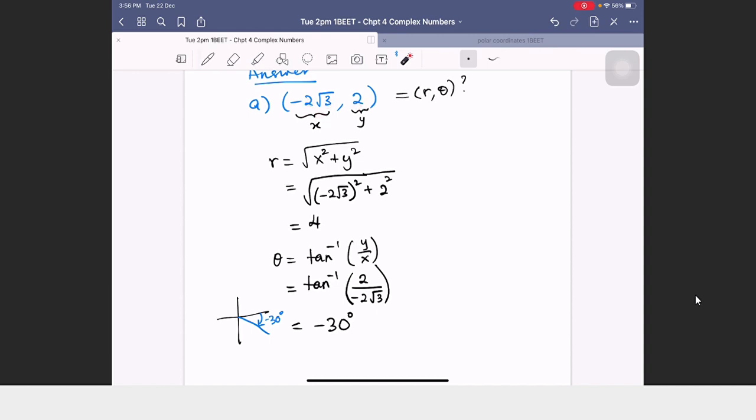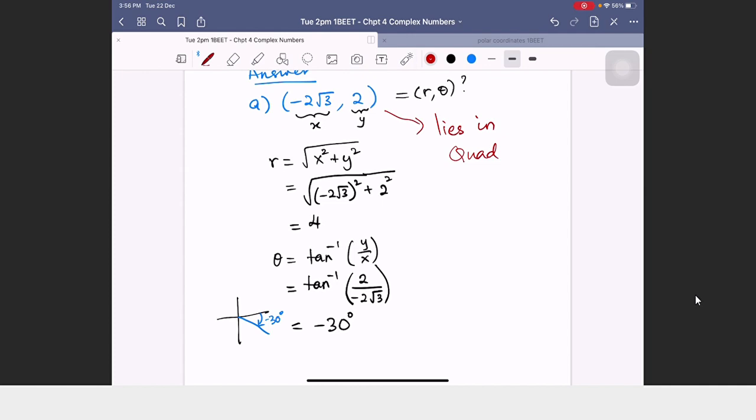This is negative x, this is positive y. Which quadrant does it lie in?